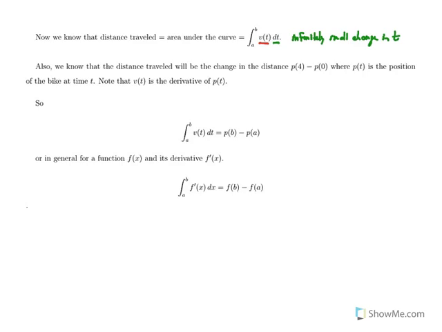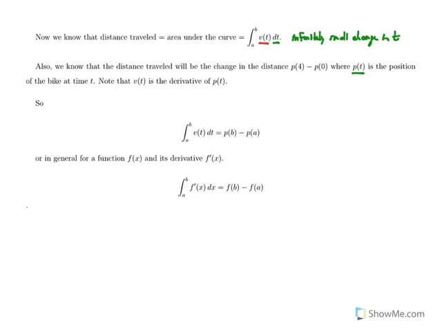So apart from that, we can also think about distance in a different way. We know that the distance traveled total is going to be the change in the distance, p of 4 minus p of 0. So here, p of t is going to be the position function.